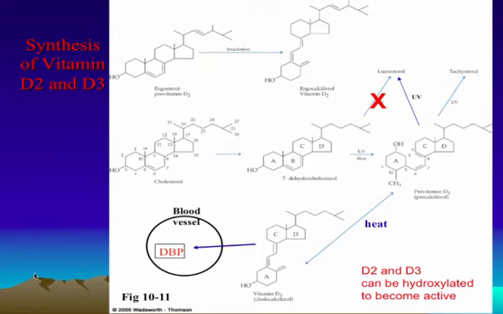So cholesterol converts to 7-dehydrocholesterol. When that happens in the skin and 7-dehydrocholesterol is exposed to UV light, it converts to pre-vitamin D3. So you need that UV exposure. In general, the longer you're in the sun, the more vitamin D is synthesized.